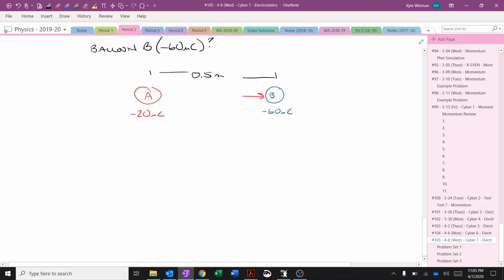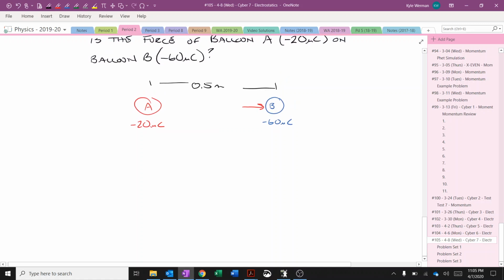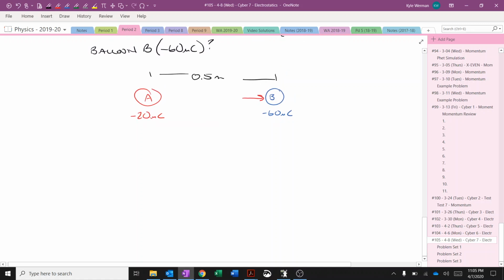And so a couple ways to do this. We can find the field of A and multiply it by B, or we can plug it right into Coulomb's law. So option one would be to find the field of A at B's location, right?